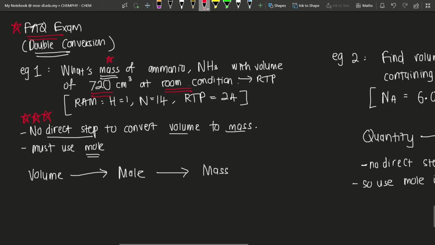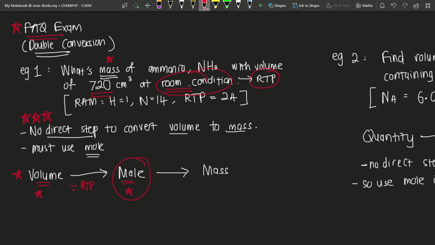So, look at this. From volume, we want to convert to mole. You got the sibling, you want to convert to mole, you guys will divide the connection. So, for volume and mole, the connection is our RTP or STP. In this condition, we will use RTP because the question stated to use RTP. So, volume converted to mole, you guys will divide by RTP, and then you guys will get the mole.